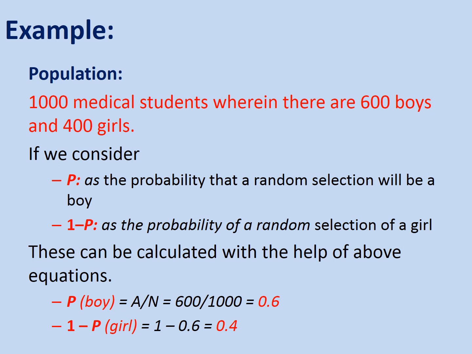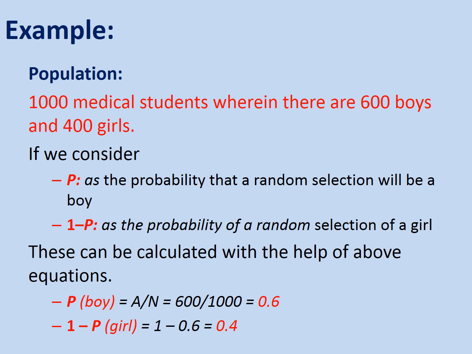Then this can be calculated with the help of an equation. What is the equation for the probability calculation? P is equal to A divided by N. A stands for the attribute under consideration, divided by the total size of the population. So the probability of selection of a boy is equal to the attribute under consideration, boy, divided by N, where N is equal to 1000 students.